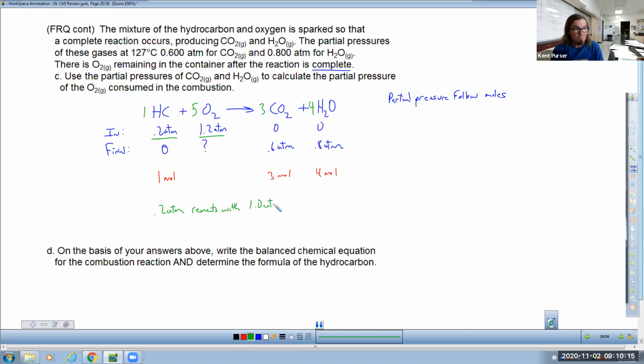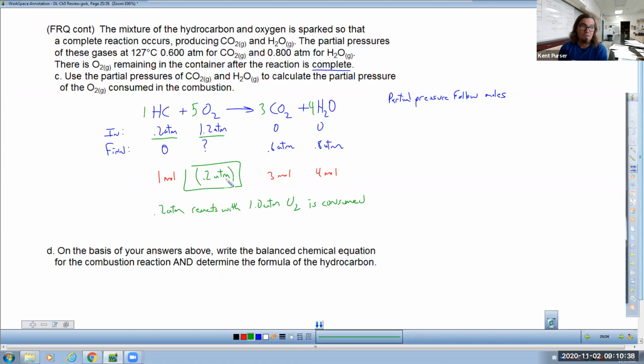Wouldn't that be 5 times more, right? 2 to 10 ratio is a 1:5 ratio. So if 1.0 atmospheres of oxygen is consumed, how much is left over? 0.2 atmospheres. That's the way that whoever wrote this question wanted it to be solved.